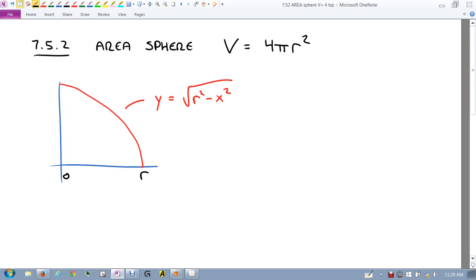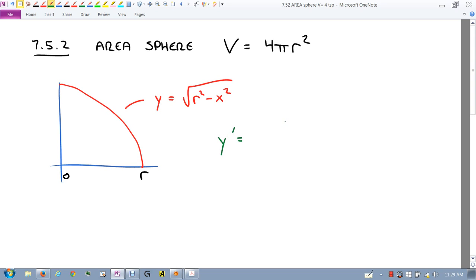So I've got my function. If I'm going to find the surface area, I'm going to need to find its derivative and square that derivative, right? Okay, so help me out. What's the derivative of this? So you need some chain rule here. Remember, r is a constant.